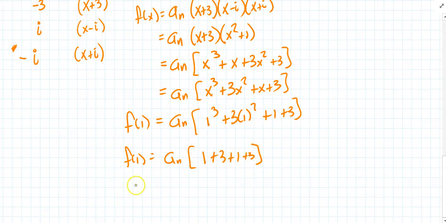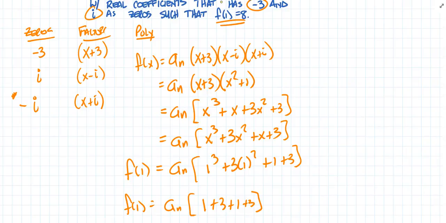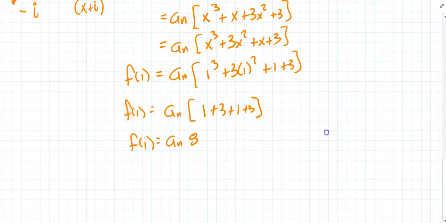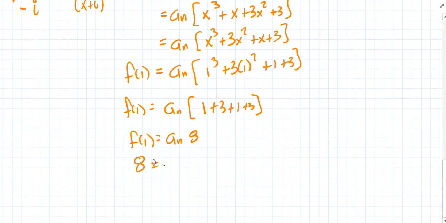That's already 8. Oh, check that out. f of 1 is equal to a sub n times 8. And it's telling me that f of 1 is supposed to be a value of 8. So verifying here, I see that 8 is worth a sub n times 8. Divide and divide. So I get that a sub n is worth a value of 1.